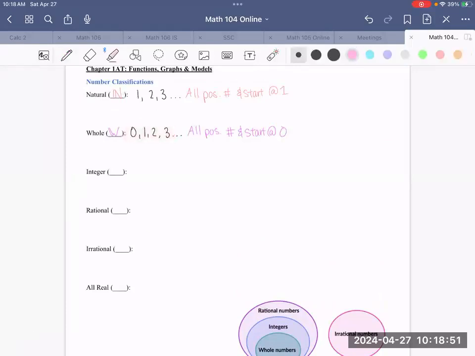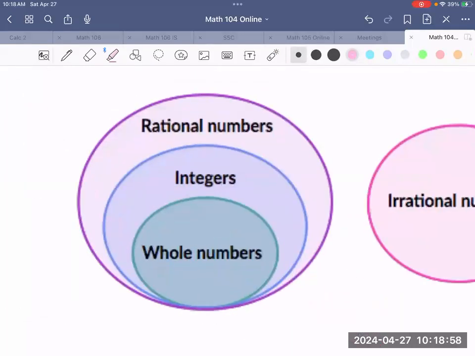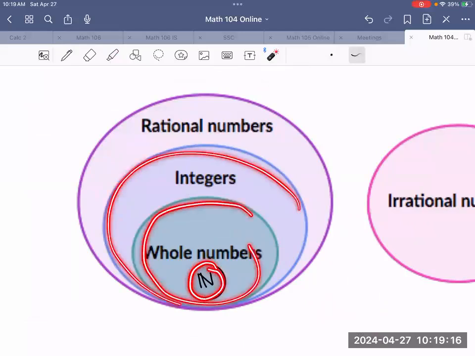But notice in your whole, it actually has your natural numbers. So sometimes what is missing from some of our charts when we look at it online is actually a little section meant for us, which is a natural number. So if you want, you can add it to this chart. But as you're going to be seeing, we're going to be gradually getting bigger and bigger. So numbers that are rational, which we'll talk about here in a moment, contain still natural whole.